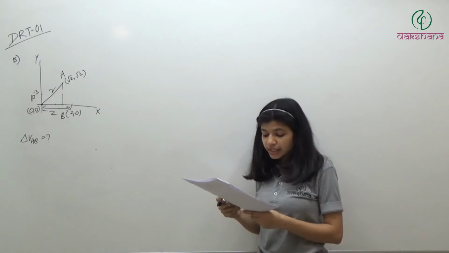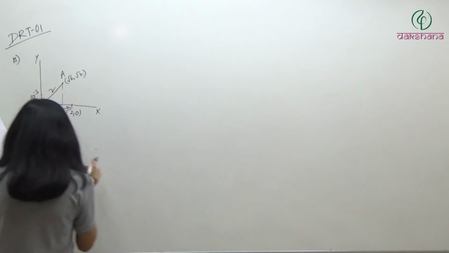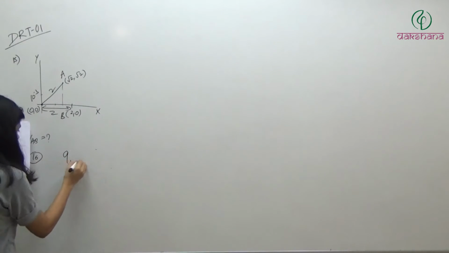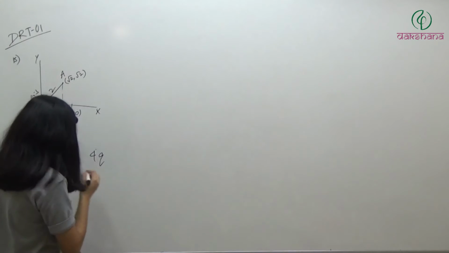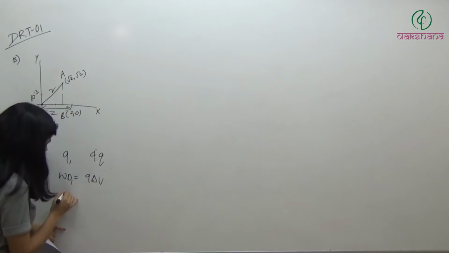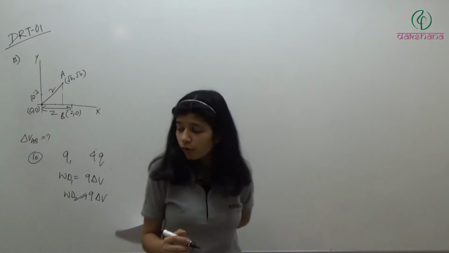So one is Q, another is 4Q. Work done on them will be how much? Q delta V, and work done on the second will be 4Q delta V.